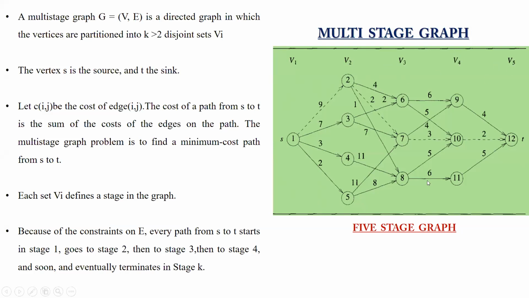If it is a 5-stage graph, 5 stages will be there, and in each stage some set of vertices will be there. Along with that, there will be one source vertex, and there will be a destination, also called the sink, denoted by T. The source is denoted by S and the destination by T. In between, there are various directed edges in terms of stages.